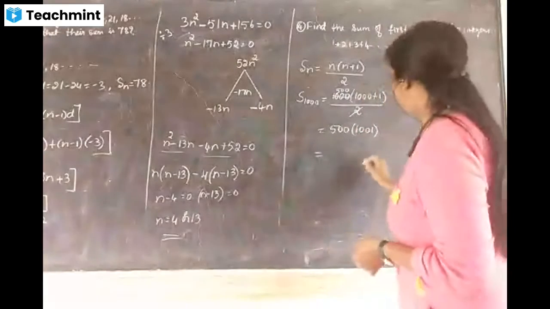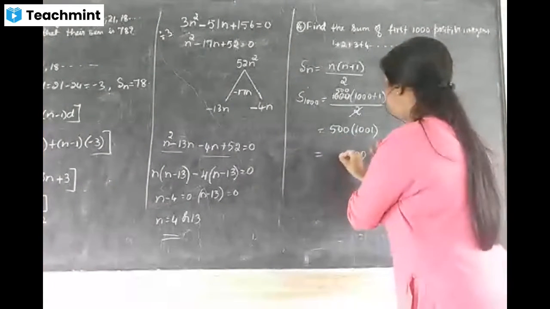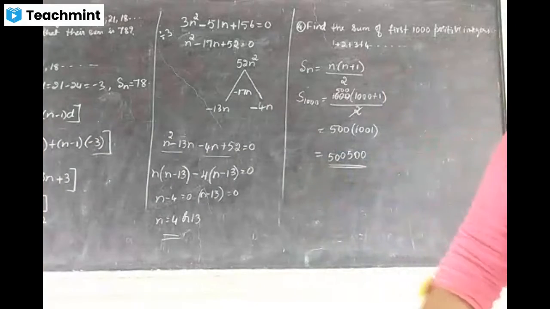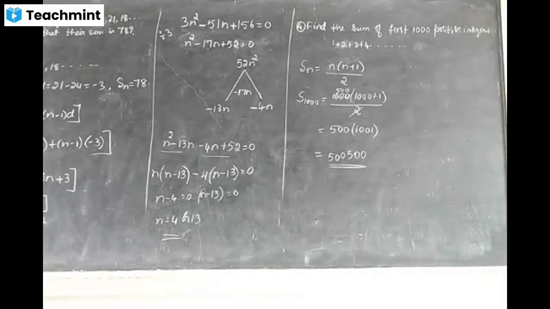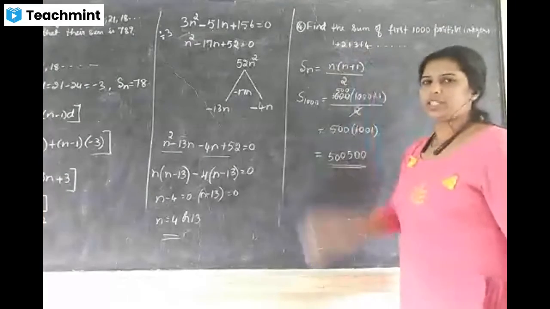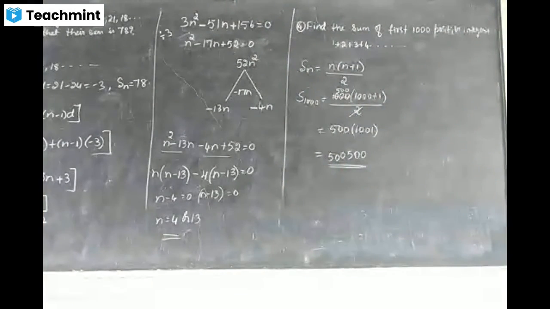Multiply and give me. 500500. This is the answer. This is easy. If you get natural numbers, it's very easy. One step problem. Otherwise, a little work is there for us.